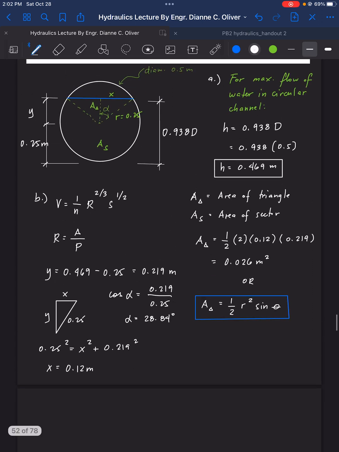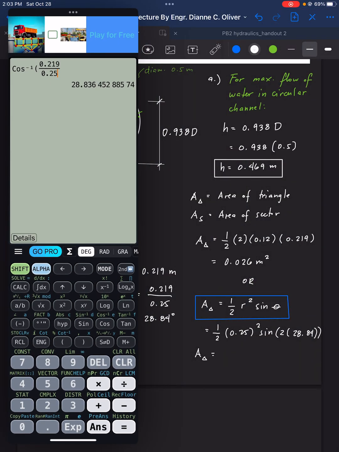So we have 1/2 of the radius 0.25 squared sine of twice of alpha. That is 28.84. So the area of the triangle is now equal to 0.026 square meters.